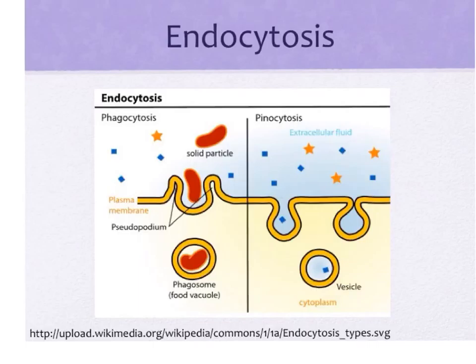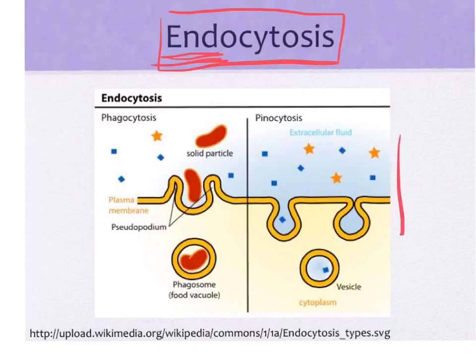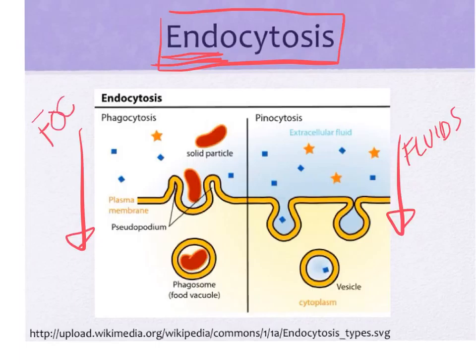These two processes collectively together are called endocytosis, endo meaning going into a cell. So you have endocytosis, pinocytosis, which is for fluids, and you have endocytosis and phagocytosis, which is for food.